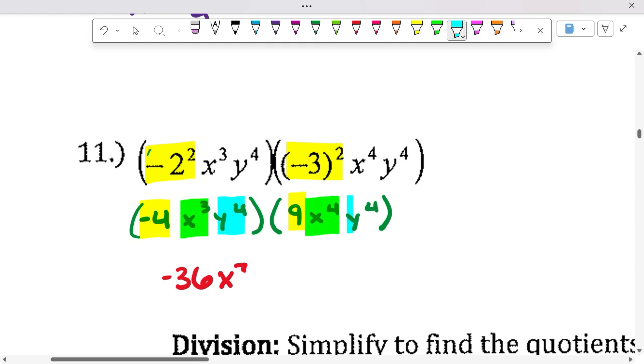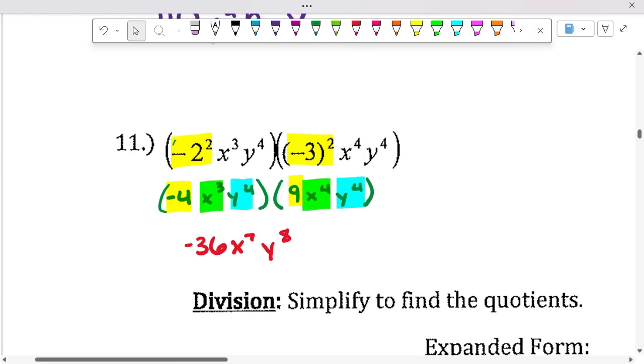And the y's: Y to the 8th. So guys, if you have numbers that are being raised to a power and it's a multiplication problem, just evaluate the numbers first and then do the multiplication. Does that make sense? Yes, no, maybe. Yeah.